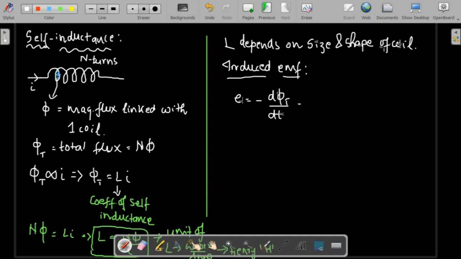So minus d phi total, where phi total is L into I. This relation is very handy, most important. If you solve numerical problems based on this topic, you have to use this. So we can say E is equal to minus L dI by dt.